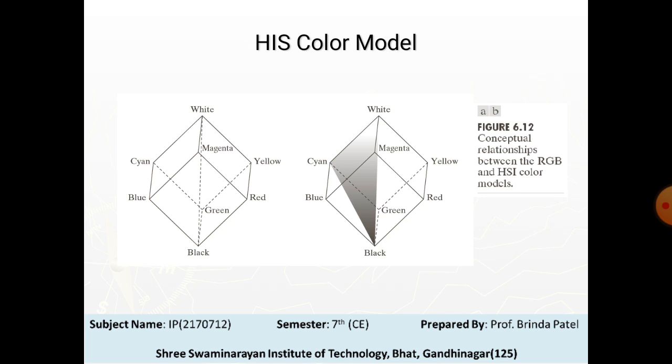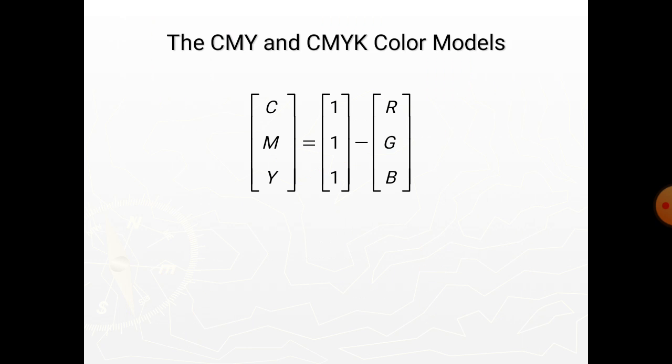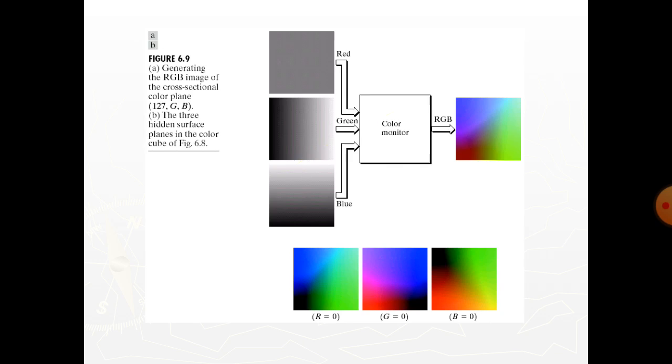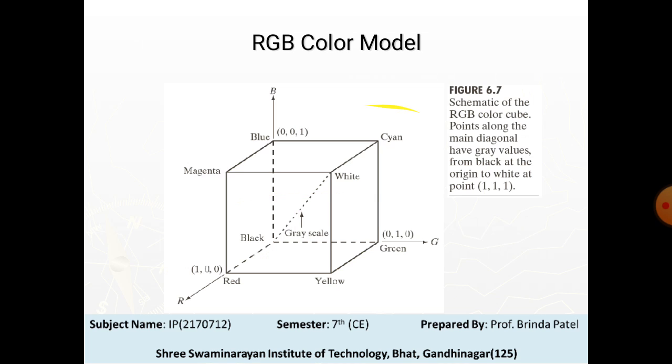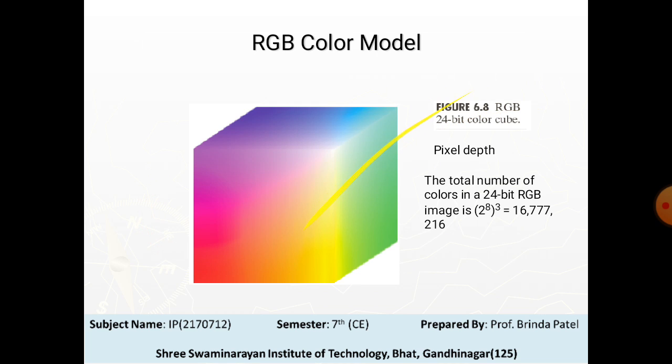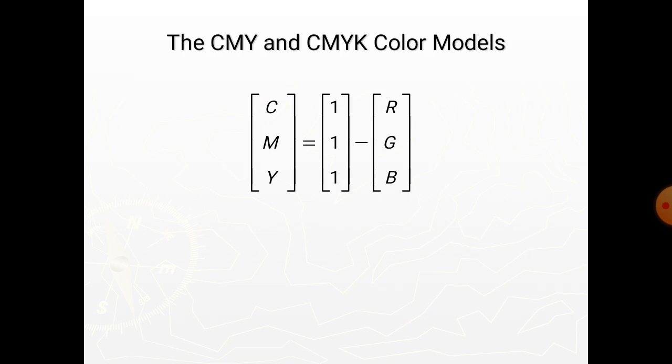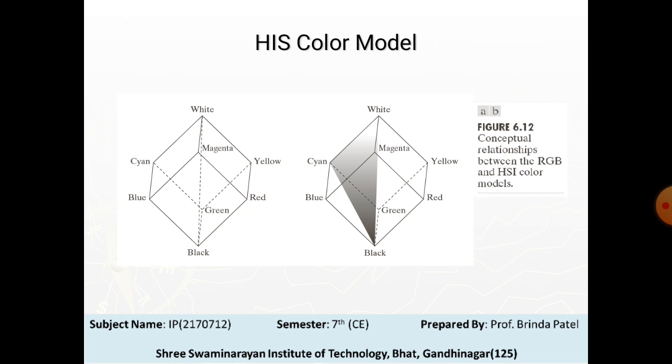It becomes clear if we take the color cube we are using here, in this diagram, and stand it on the black 0 vertex with the white vertex, which is 1,1,1, directly above it.